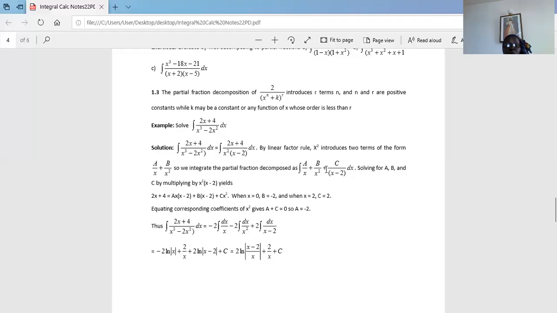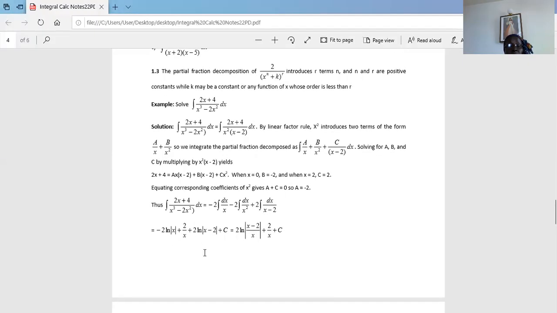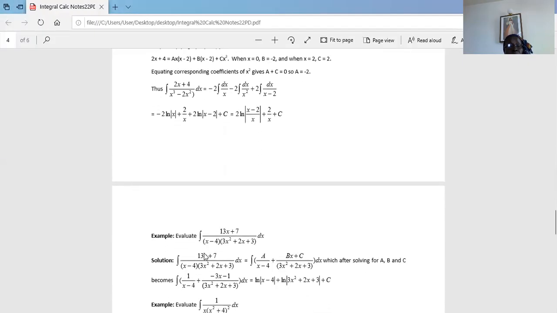So from here now, work out the values of a, b, and c, then substitute back here and integrate. The value of a is -2, b is -2, c is equal to 2. And when you integrate, you get the answer below.